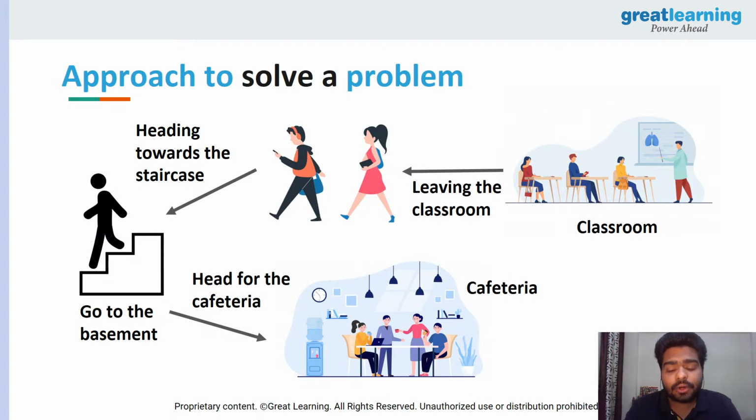So you first gathered the information, then you started processing it, you started doing it, right? After doing this, you came to the result, you reached the cafeteria. Very easy example. You all know how to solve this kind of problem, right?